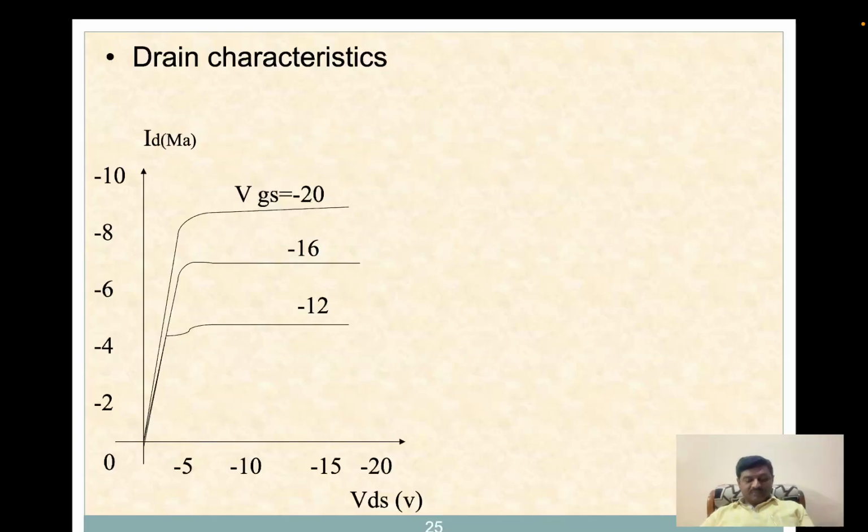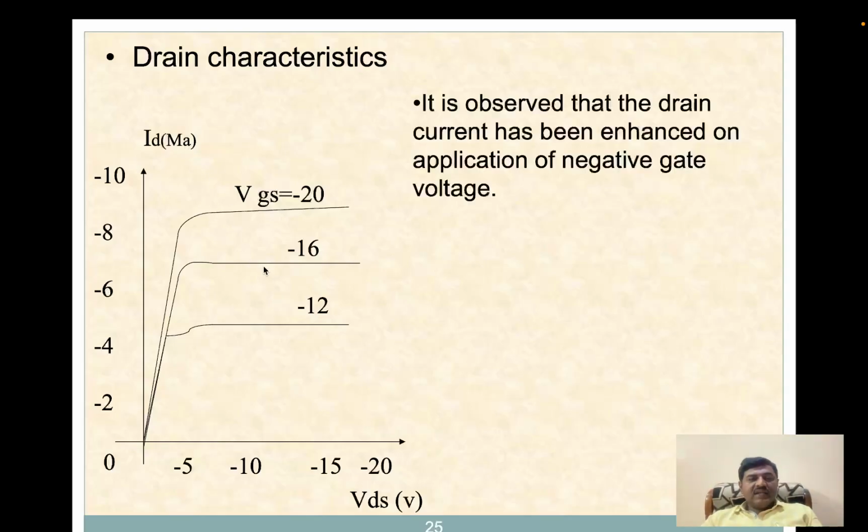So here, as we saw in the previous slide, these are the drain characteristics. The drain characteristics are plotted between VDS and ID. VDS will be in volts and ID will be in milliamperes. From here you can observe that the drain current has been enhanced on the application of a gate voltage.